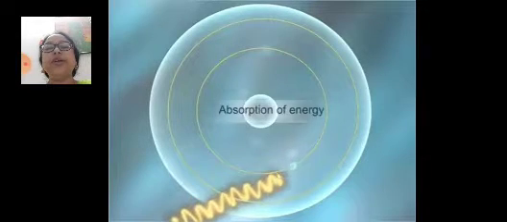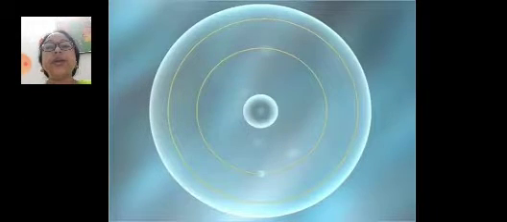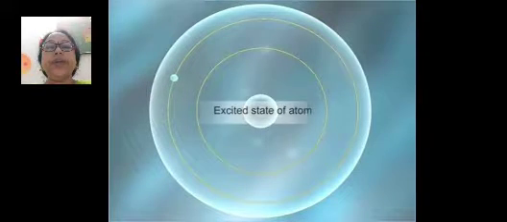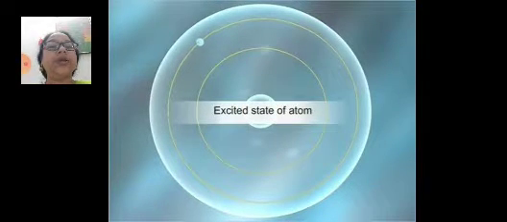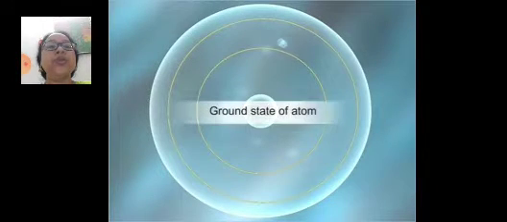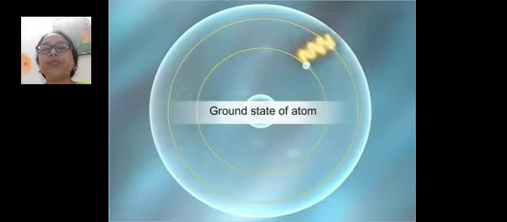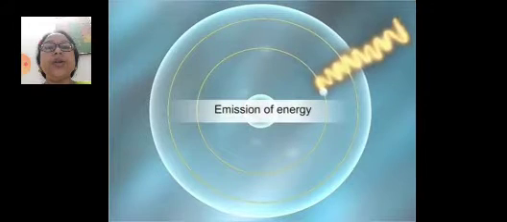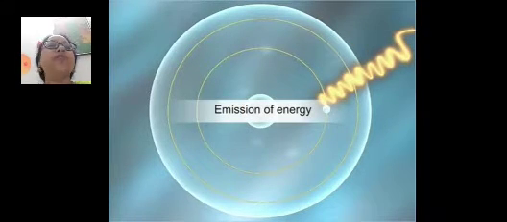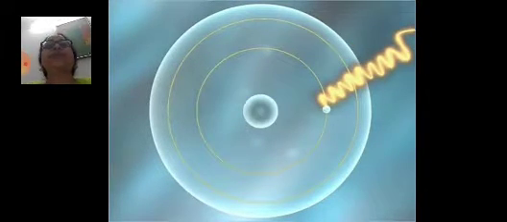After absorbing the radiation, the atoms of gas get excited. During excitation, a few electrons of the atom jump to a higher energy level. When the electron comes back to the ground energy level, the atom also returns to the ground state. And during this transition, energy is emitted in the form of radiation.